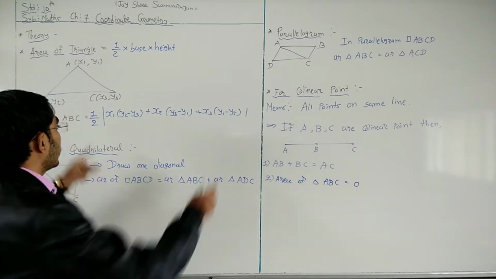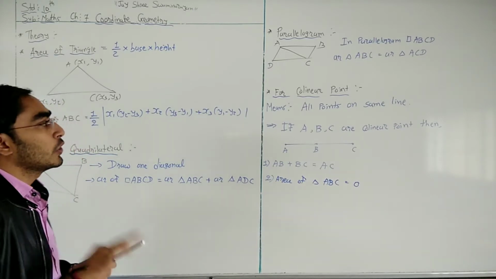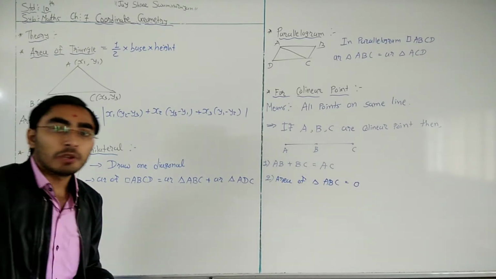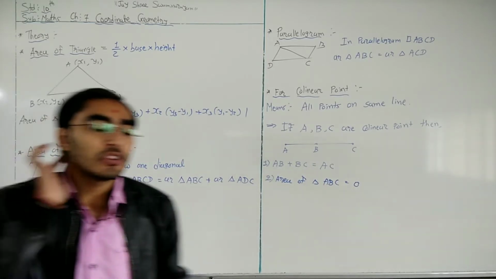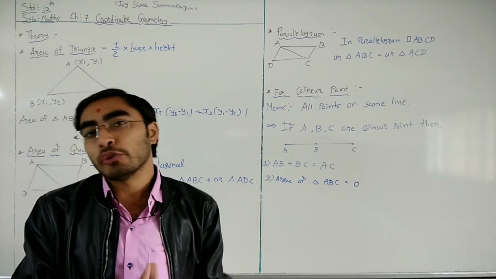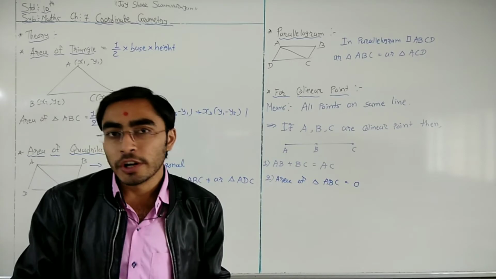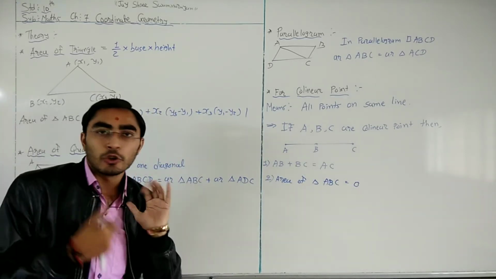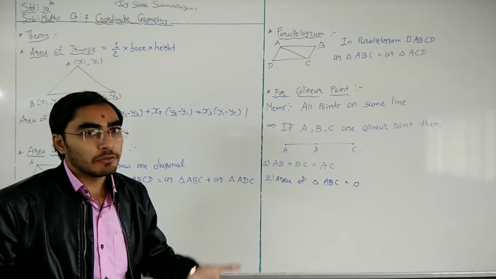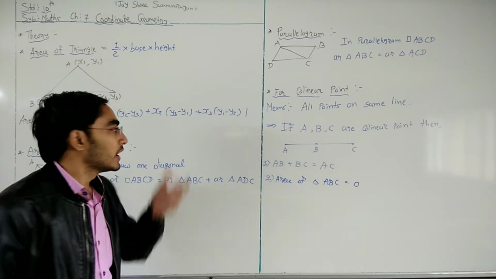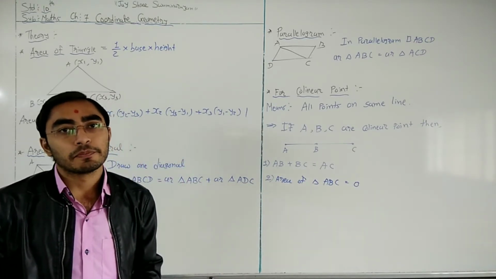Modulus means you always get a positive answer, because we already know that the area of a triangle cannot be negative. We always want a positive answer. That's why modulus is applied here.